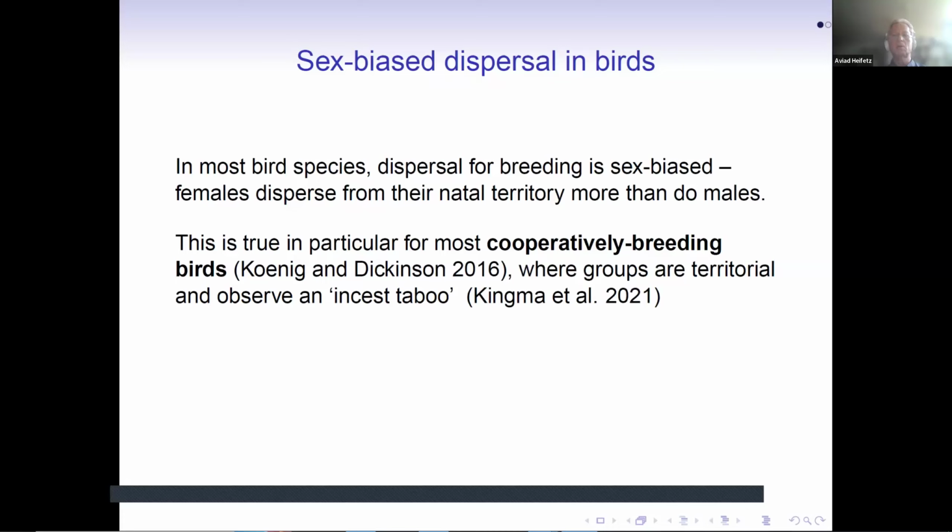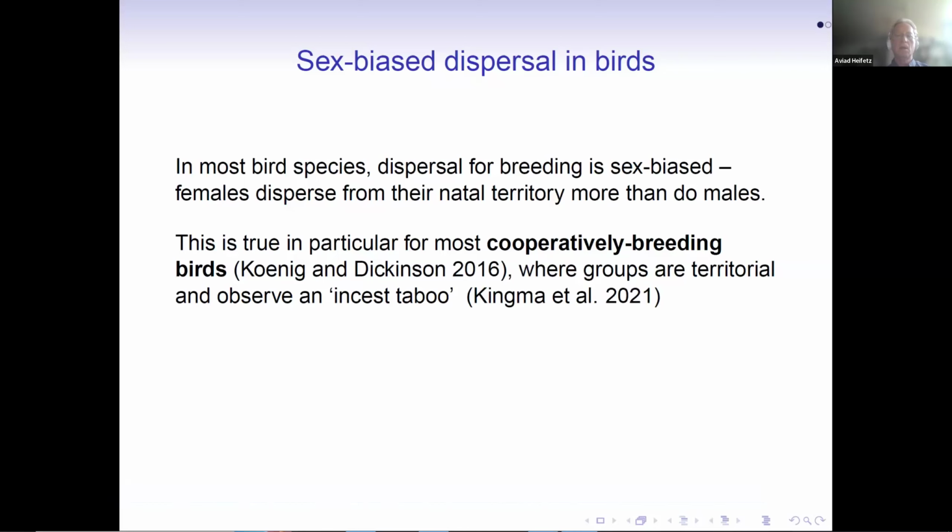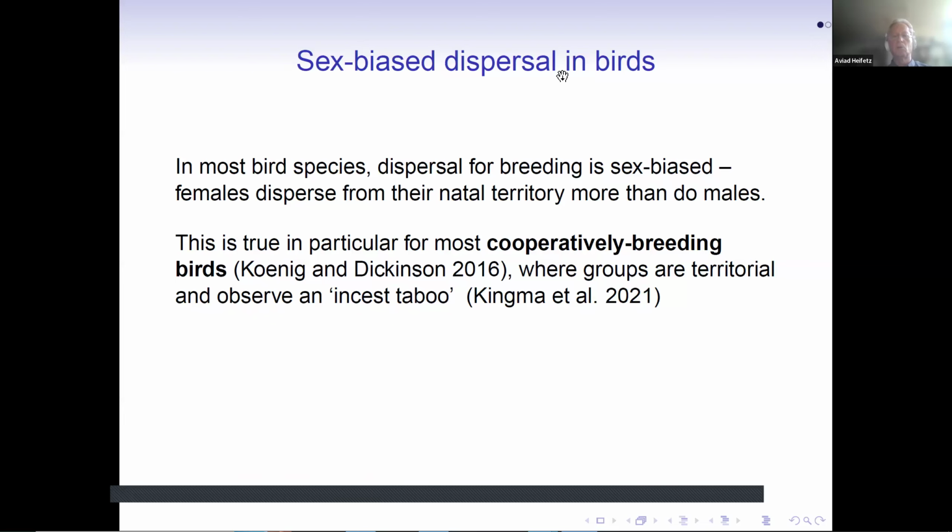And that's because, as you saw in this example of the Arabian babblers, these groups are territorial, and they have what could be called an incest taboo. That is, I hatch in a particular group, or I manage to get out of the nest. I look around and I see this is my extended family.